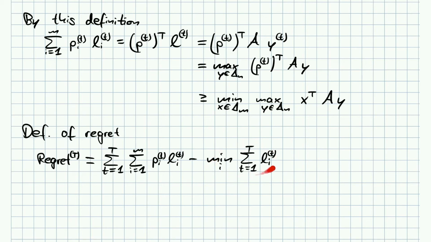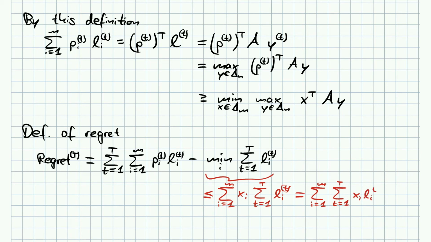Now, how big is this here? This is certainly at most what we would be getting if we chose any probability distribution over the experts. This holds for all x in delta m.